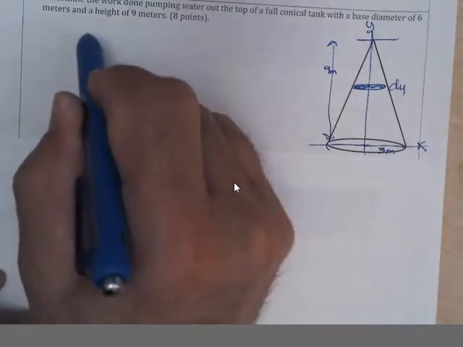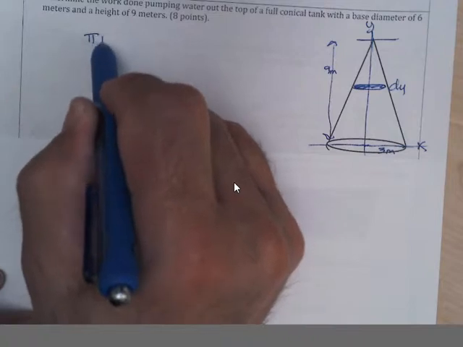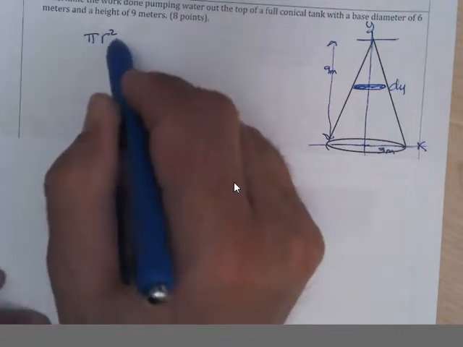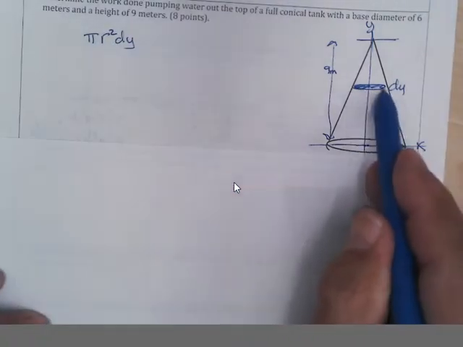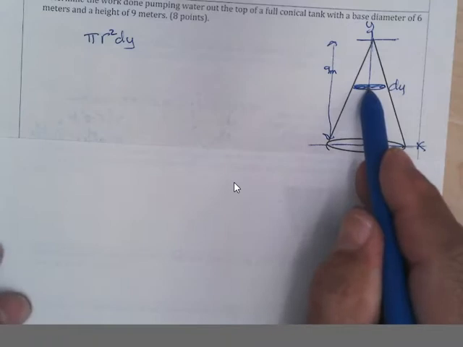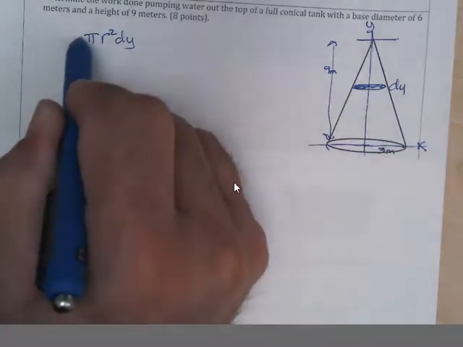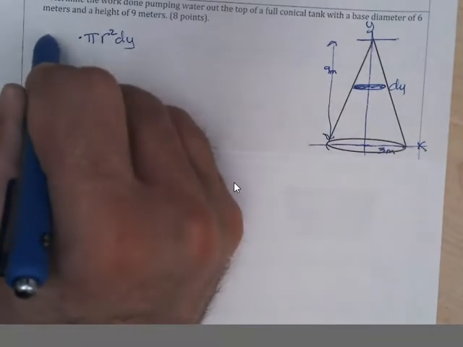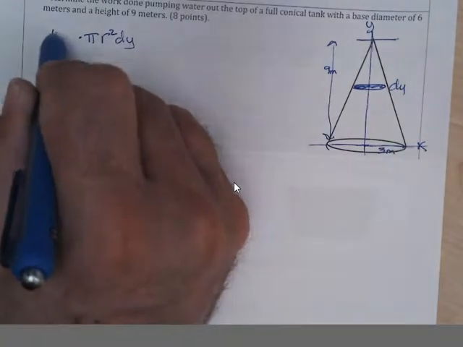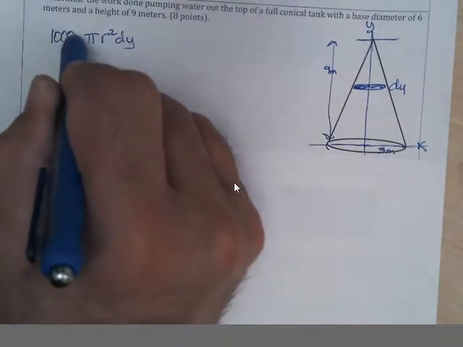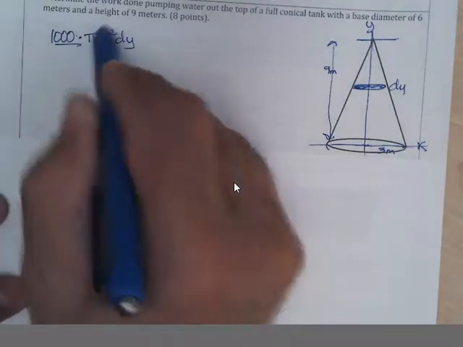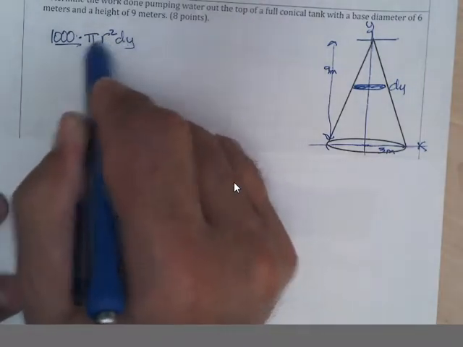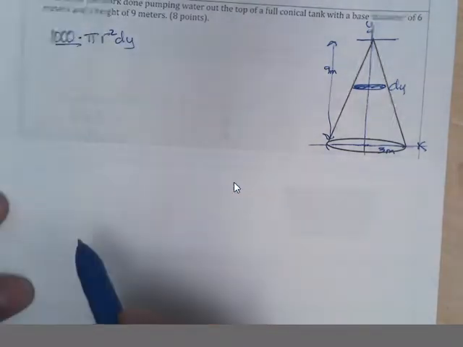And it would be pi r squared dy, the volume of the slice, times the density. We'll use the mass density of water, which is 1,000 kilograms per meter cubed, but this would be meters cubed. So now I've got kilograms.